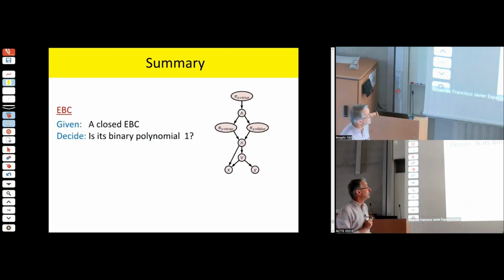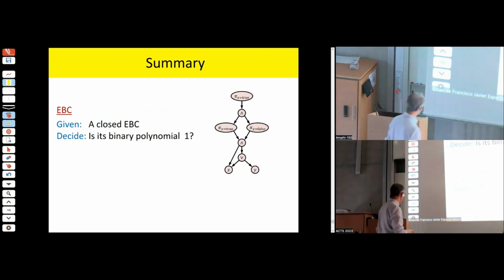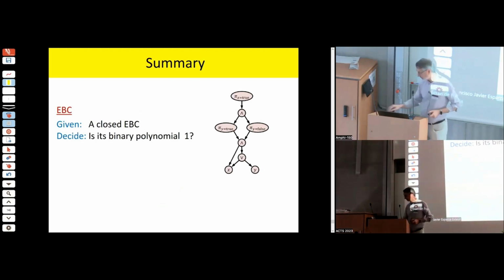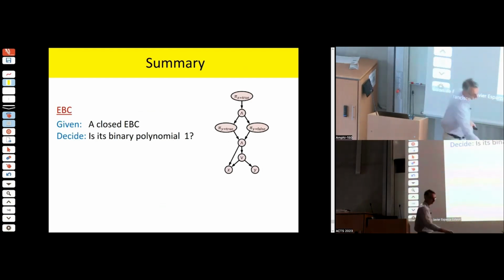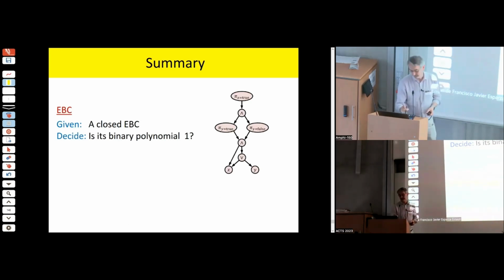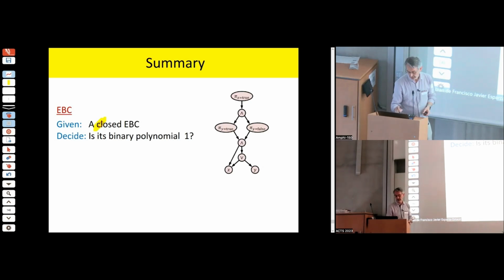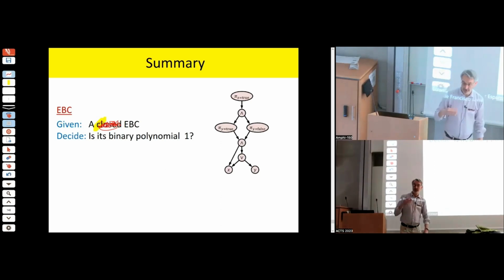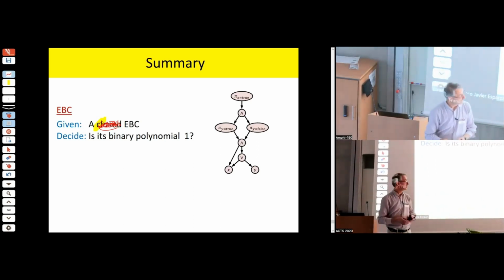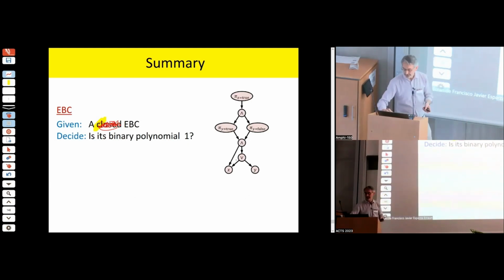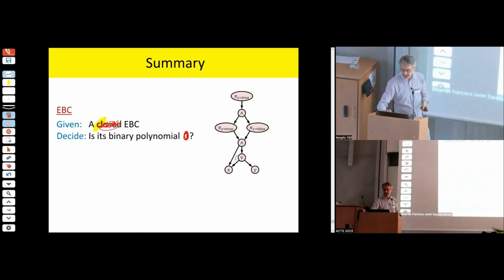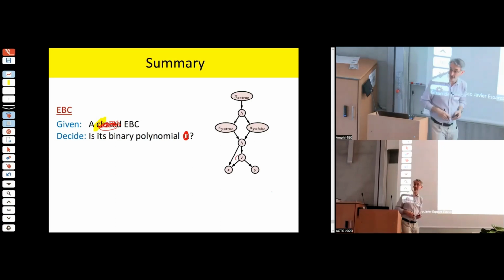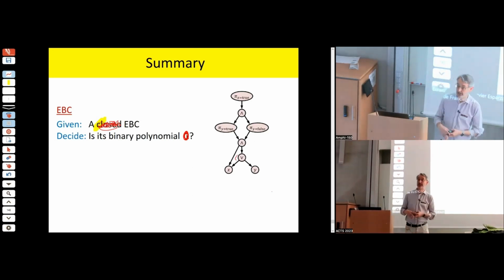Good. So the summary is, given an extended Boolean circuit, the question of deciding whether its binary polynomial is 0, which is the question of whether the formula is unsatisfiable, right?